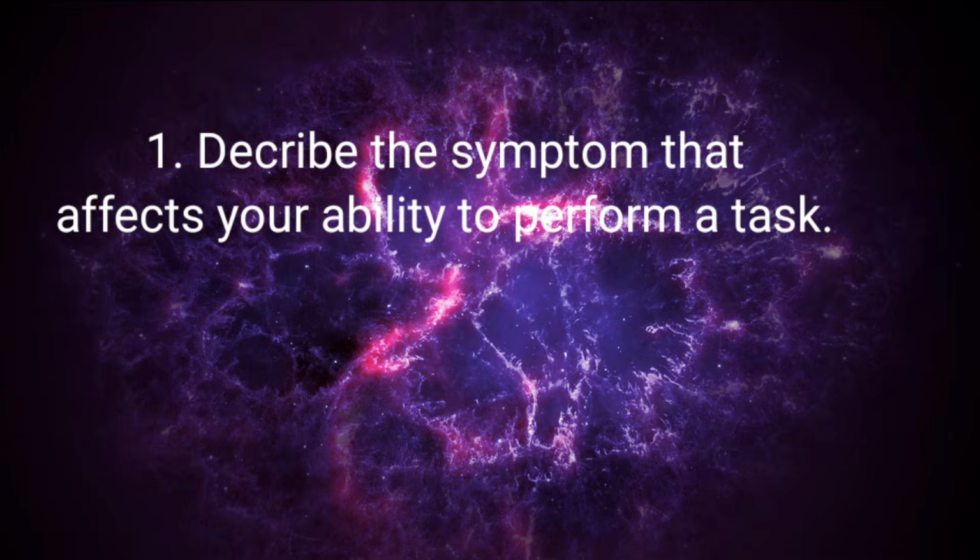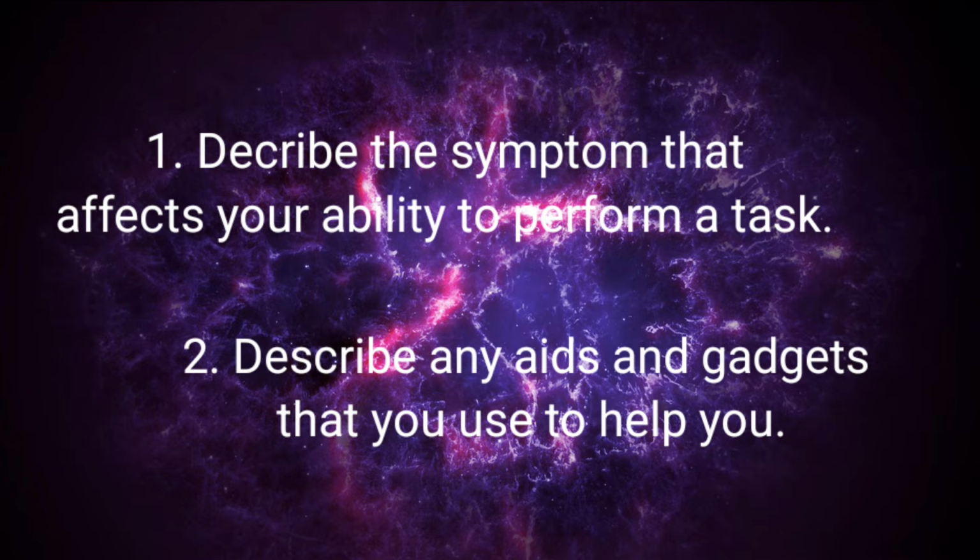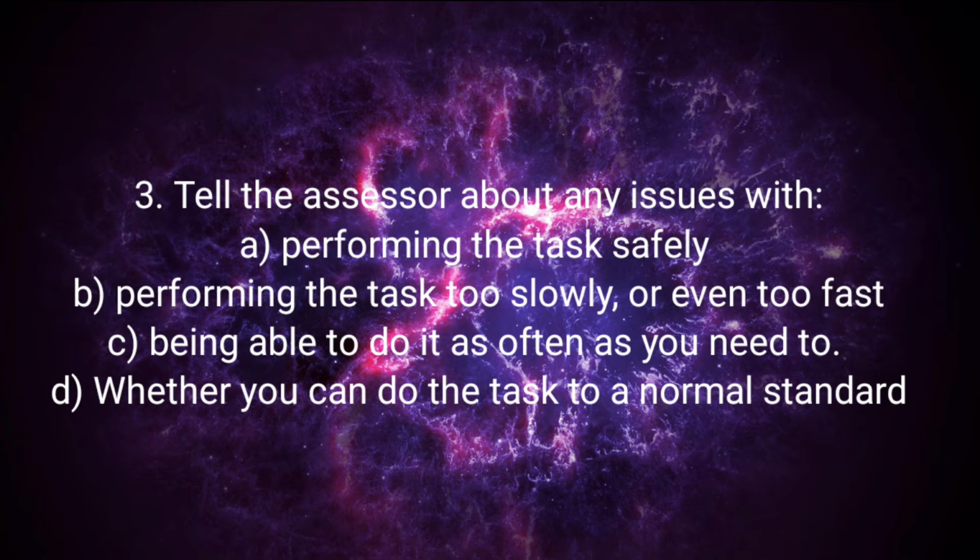Again, it might be a good idea to take a three-pronged approach. 1. Describe the symptom that affects your ability to perform a task. 2. Describe any aids and gadgets that you use to help you. 3.